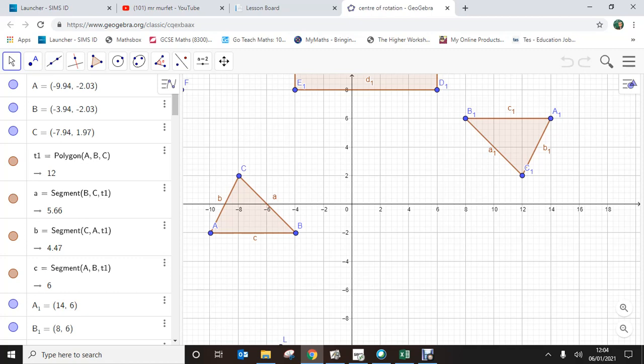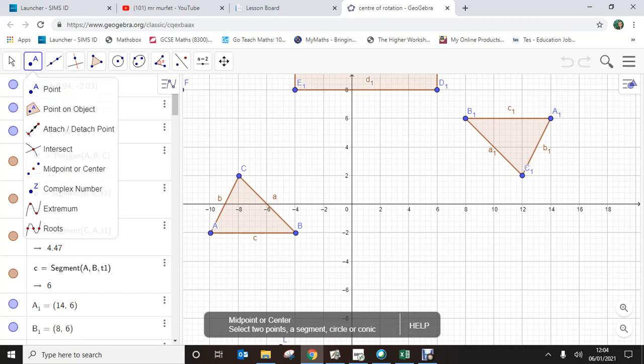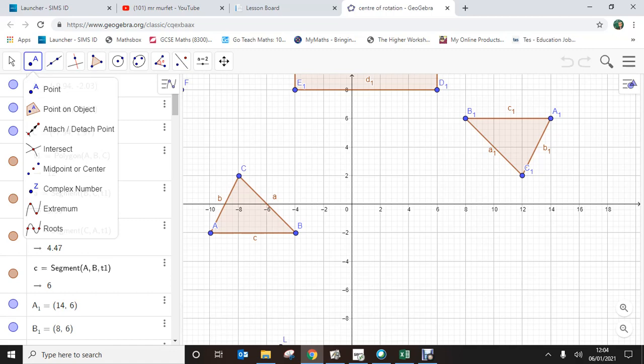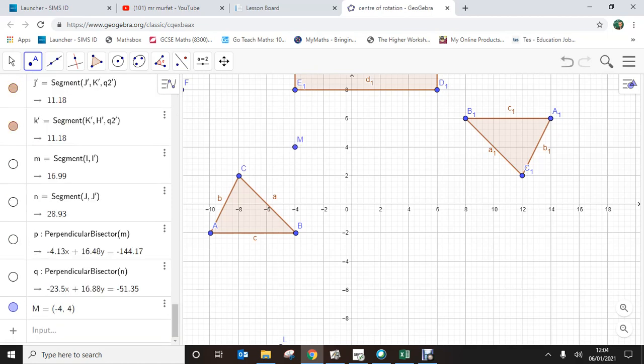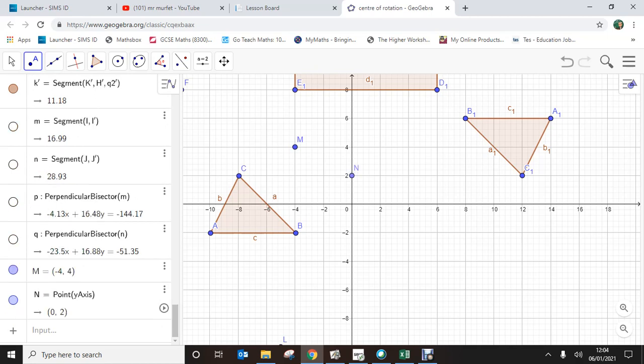If I imagine I pick the shape up and turn it 90 degrees around the point B, my A would rotate 90 degrees clockwise up to here. My C would rotate from this point 90 degrees clockwise to here. So you can see my shape would then rotate to that point.